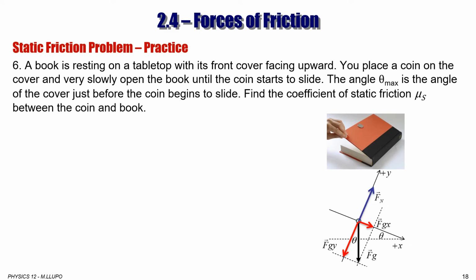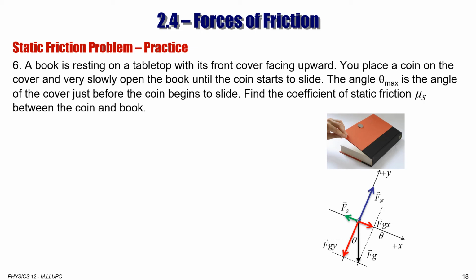After we know Fgy, we can draw Fn, because we know that Fn and Fgy have to be the same magnitude. Then we draw the static force of friction, and we draw it at a certain length because the only two forces on x are Fgx and Fs.